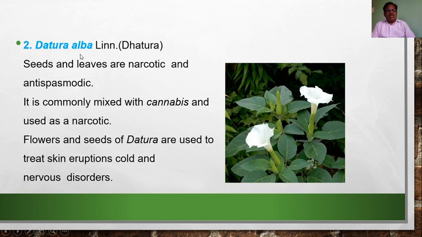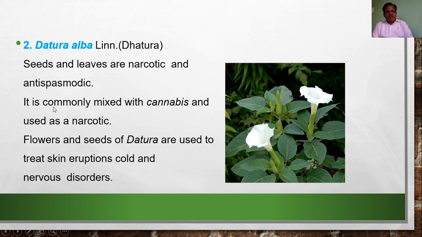Next plant is Datura alba, known as Dhatura. Seeds and leaves are narcotic. Narcotic in the sense that it has an effect on the nervous system. So they are known as narcotic and anti-spasmodic. It is commonly mixed with cannabis. Cannabis is the plant known as ganja in Marathi.